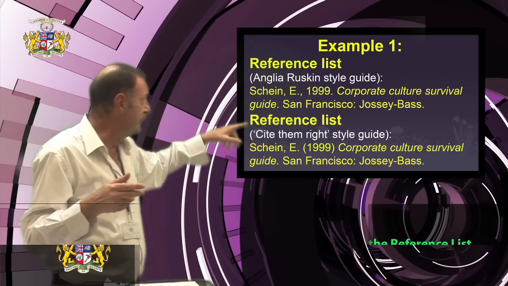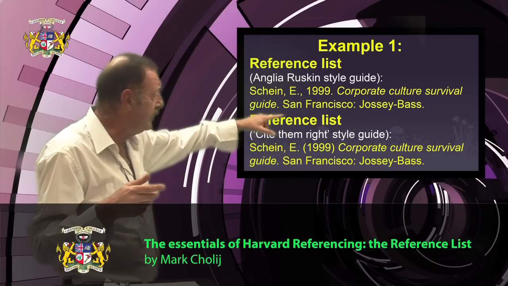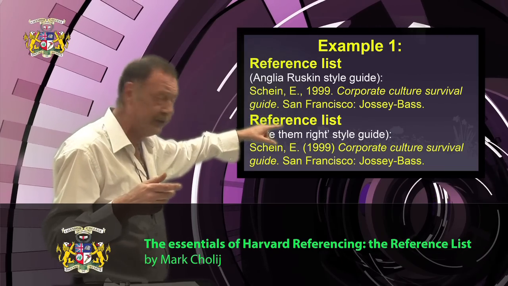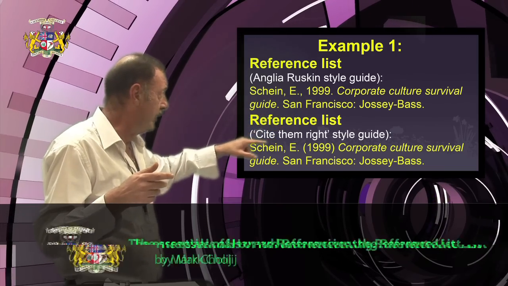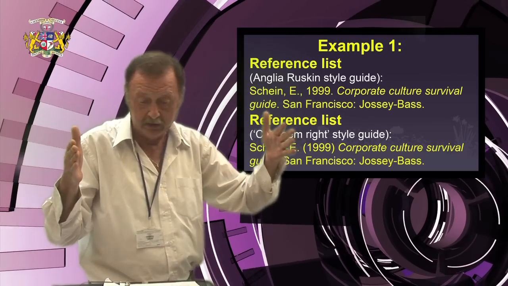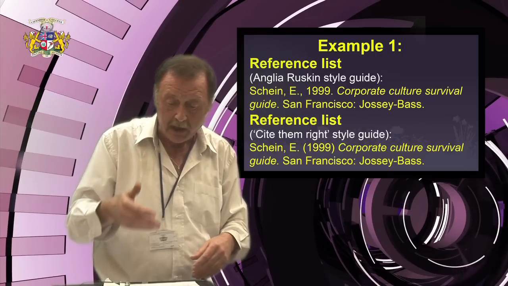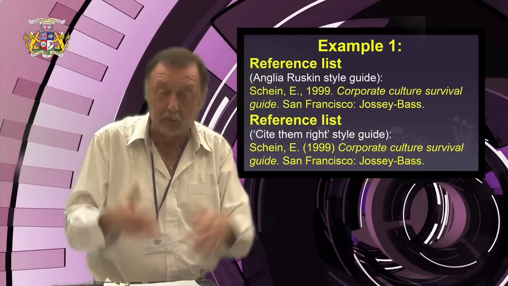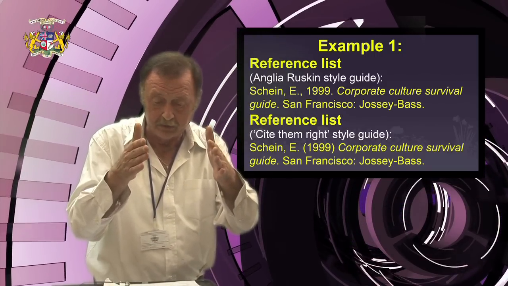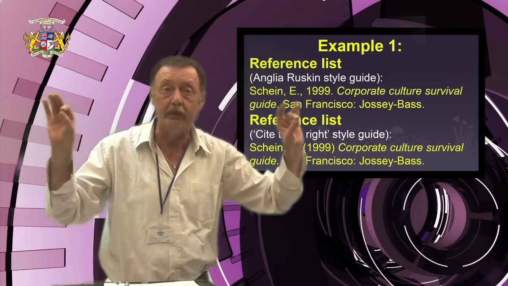Notice the slight differences, look at the initials, the punctuation. Notice how in the first there are no brackets around the year, in the second there are brackets. Okay, small, but the fundamentals don't change. You've got the author, initial, date, the title of the book in italics, place of publication, and the actual publisher. So the essentials don't change.